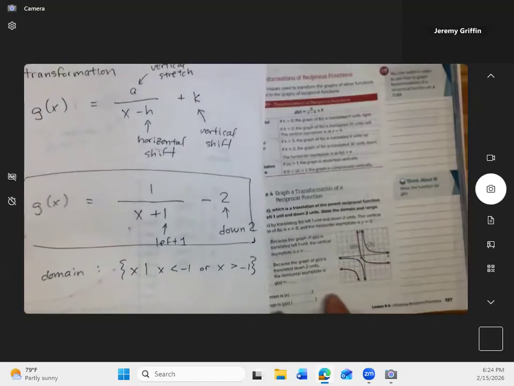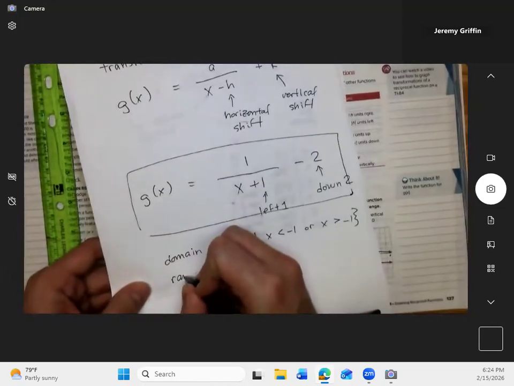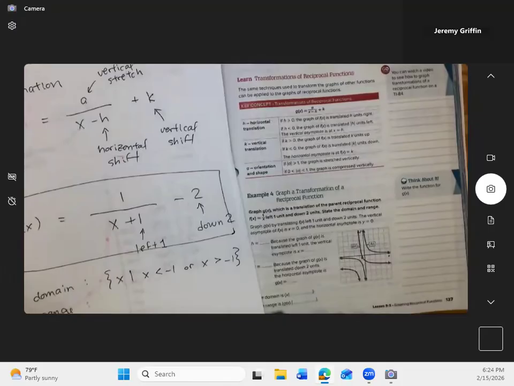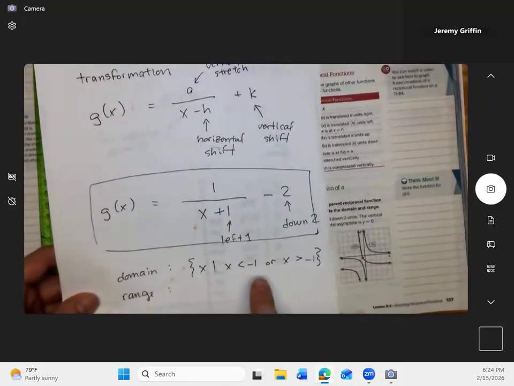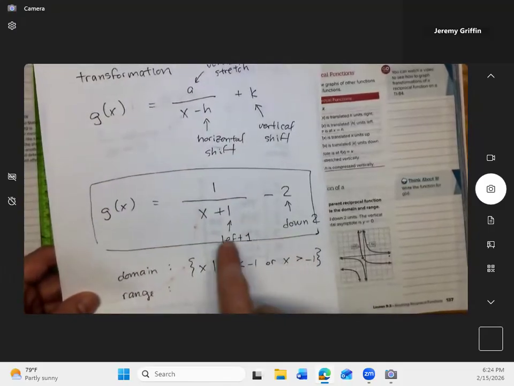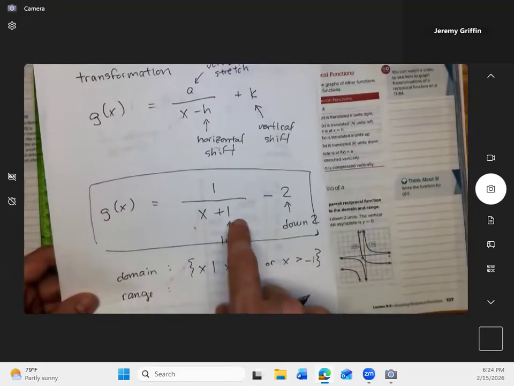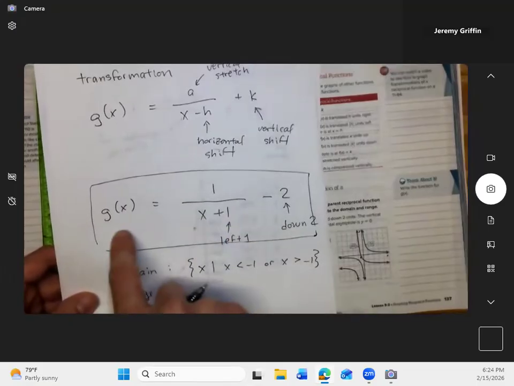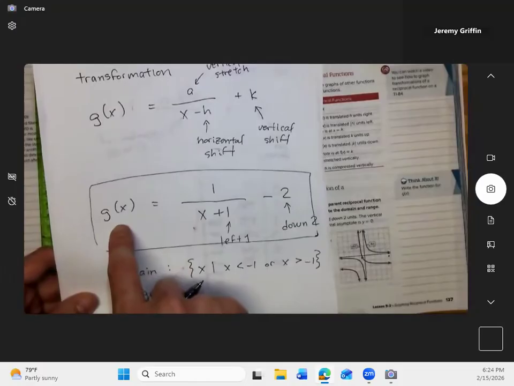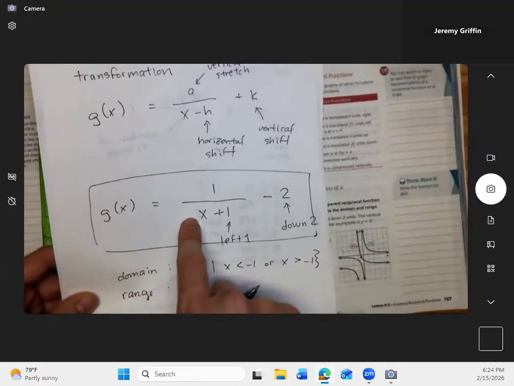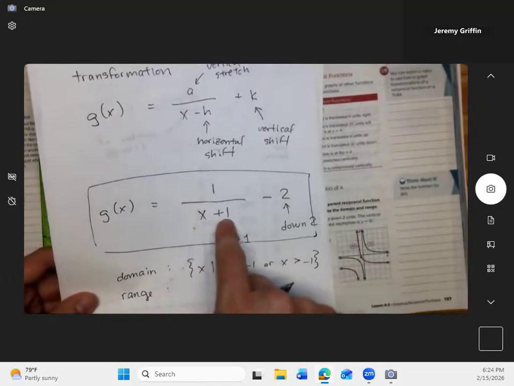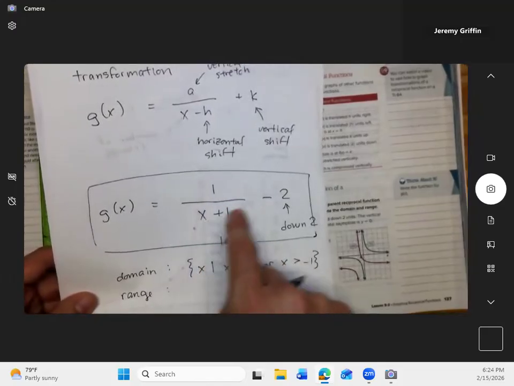All right, then range. Well, the range of this g of x would be everything except for the horizontal asymptote. I don't think there's any way to ever make this y equal to exactly -2. Because you could plug in a million for x and you get 1/1,000,000 plus 1, which is almost zero, but not quite zero, and then -2.